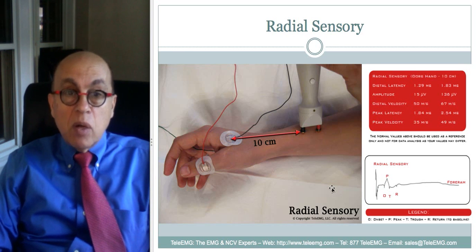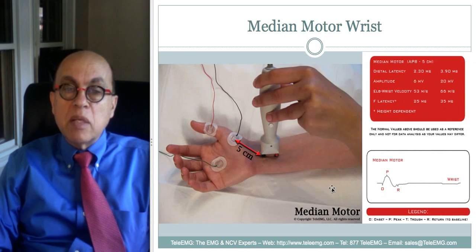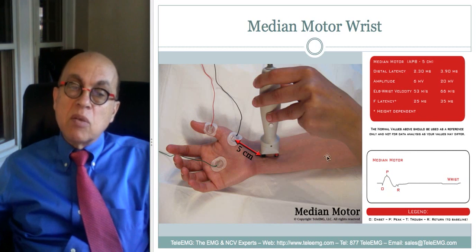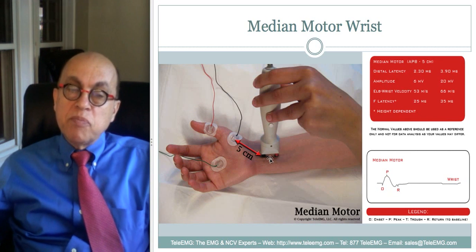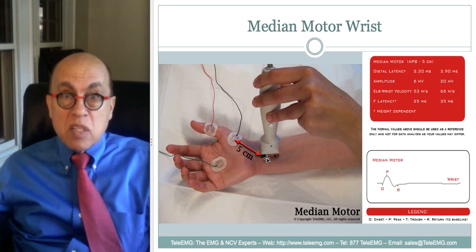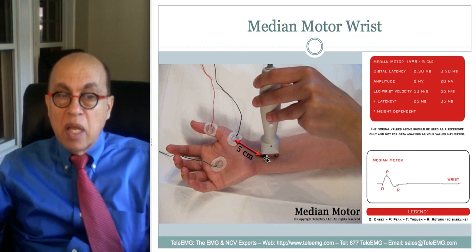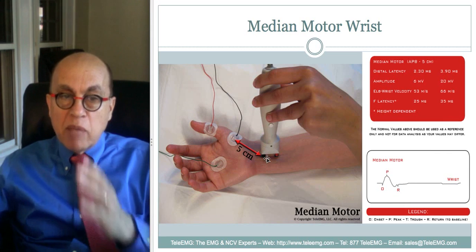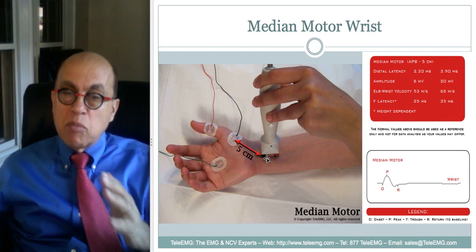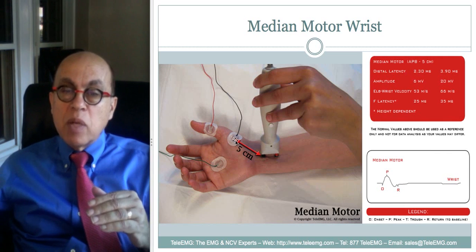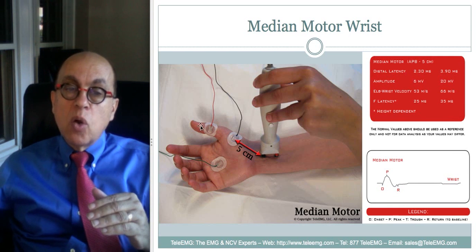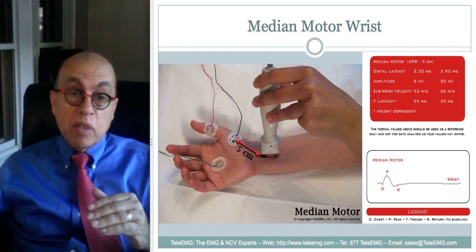Now that we've done all the sensory responses, we go to the median motor response. And here you see that we put the stimulator over the median nerve, same place as the sensory, because that nerve at that point has sensory and motor fibers, just like we said, in the same nerve. But now instead of putting the active electrode over the finger, we put it over the muscle.